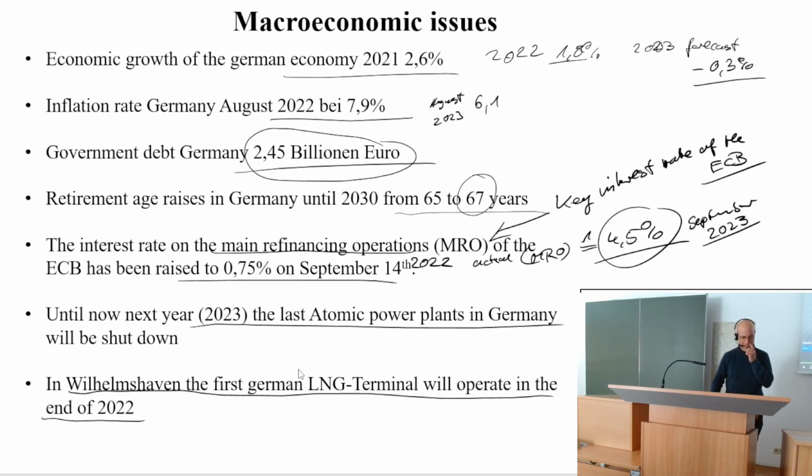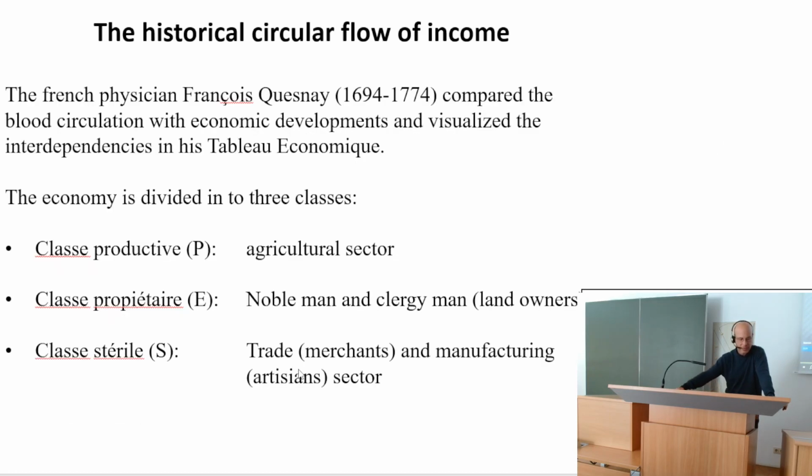So this as the introductory part, and right now we want to come to our first, not model, but concept to describe the economy as a whole. And this is the so-called historical circular flow. This is a concept which was developed 250 years ago, not surprisingly during a time where society has changed.